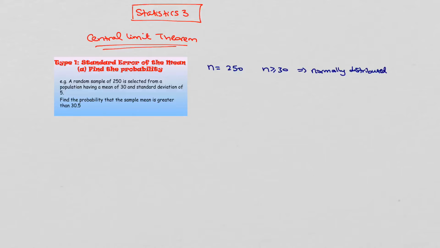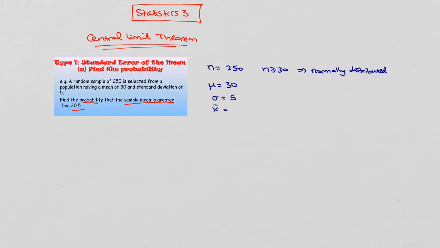So the central limit theorem comes into play, and we have our mean is 30, our standard deviation is equal to 5.